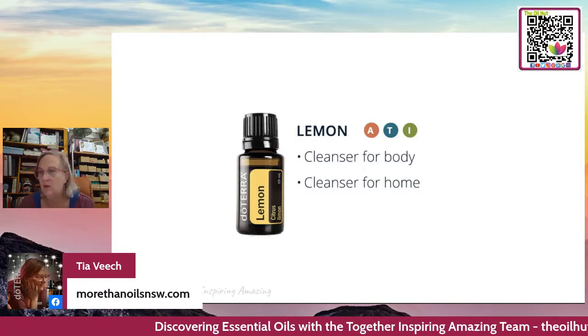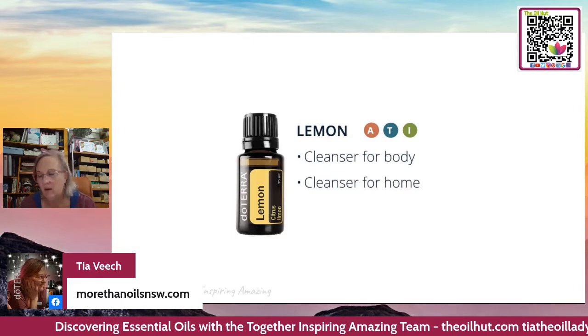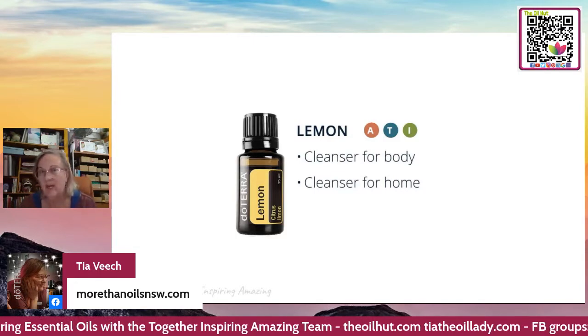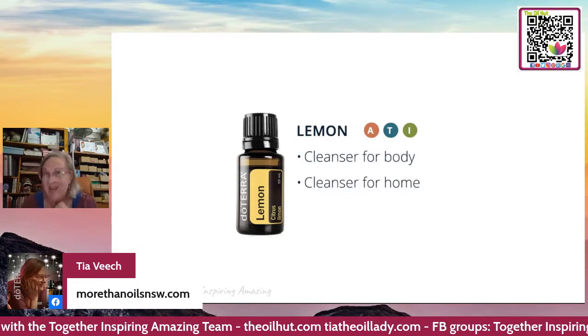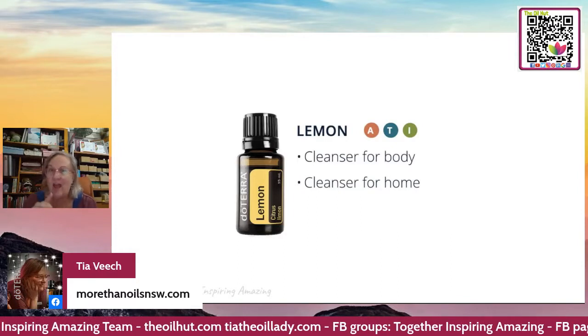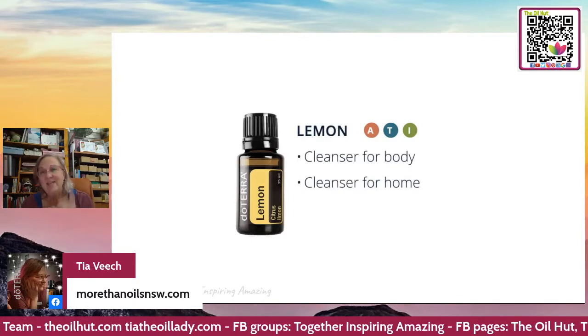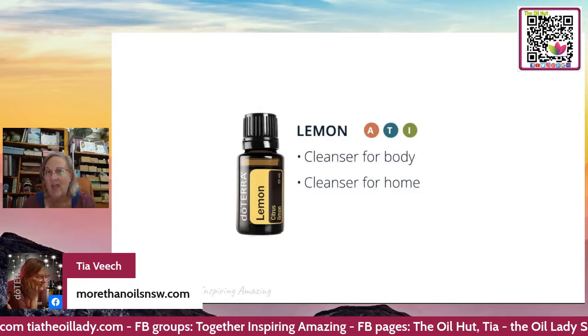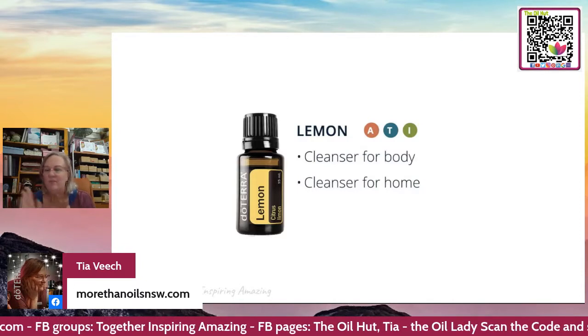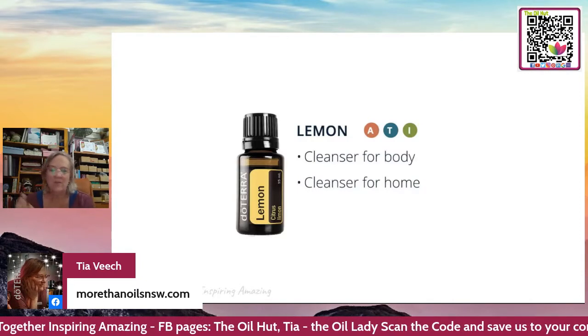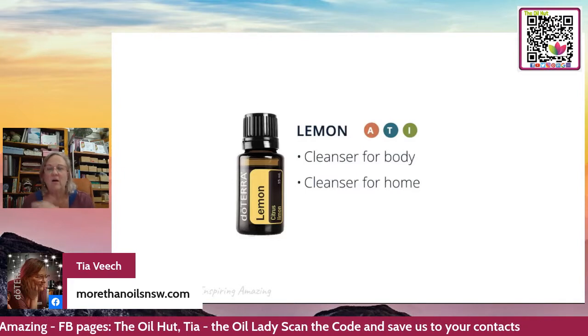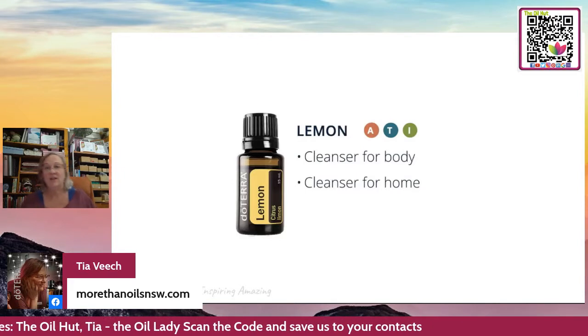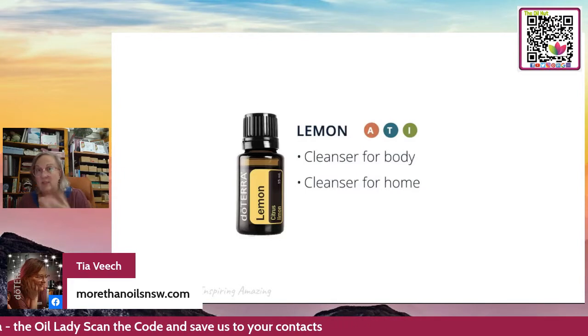I don't use every oil every day, but when I need oregano, I know I have it. When I need the lavender, I know I have it. The On Guard, the Easy Air, the lemon in my water, I use quite regularly because it's a great little cleanser. Smells great, tastes great in your water.